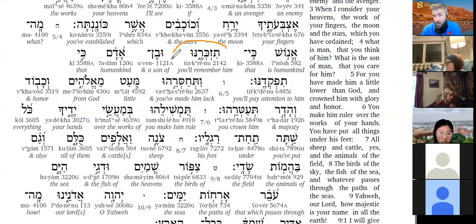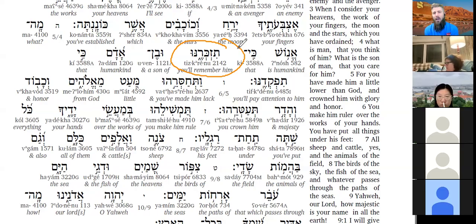However, most experts are telling us that the nun at this point doesn't really come to mean anything anymore. I don't know how accurate that is. Sometimes I'm tempted to translate this as that you surely remember him, that you certainly pay attention to him. At least that's how it works in Arabic with the energic nun. It adds shades of meaning to the verb.